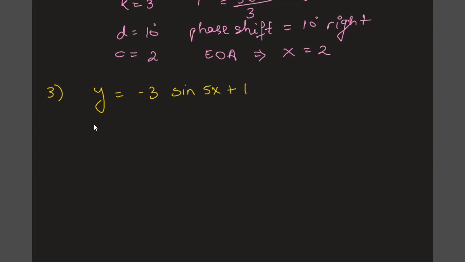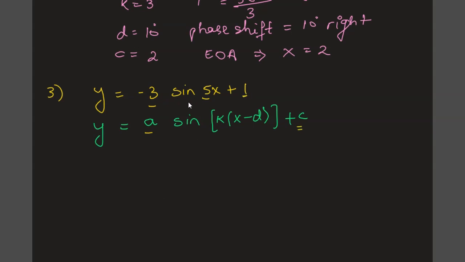First step is always to write down your general transformed equation. For sine, it's going to be a sine k(x minus d) plus c. We notice that we are given the a value. We are given the k value because k is anything that gets multiplied or divided with x. We're not given anything in a bracket. That means we are missing a d here. But we are given this number. That means we are given a c value.